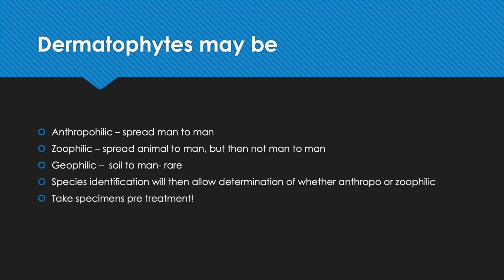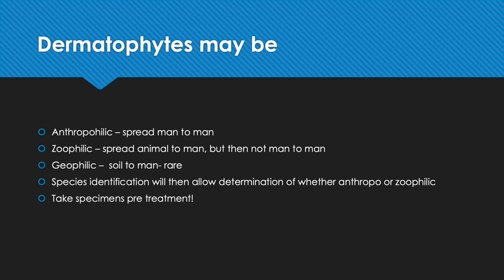As mentioned, dermatophytes may spread from human to human, and these are called anthropophilic dermatophytes. They may spread from animals to man, but then they don't spread from man to man, and these are called zoophilic fungi. And very occasionally we can get dermatophytes which come from soil, and these are called geophilic.